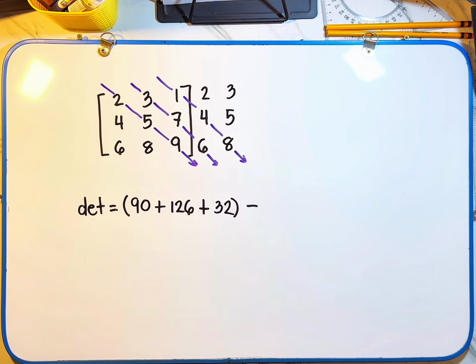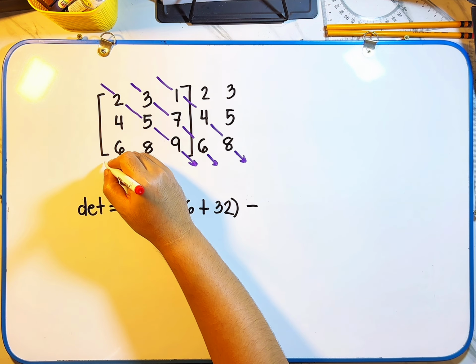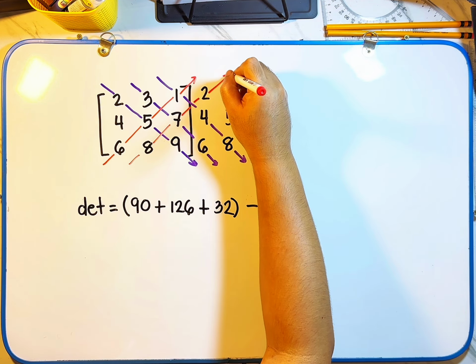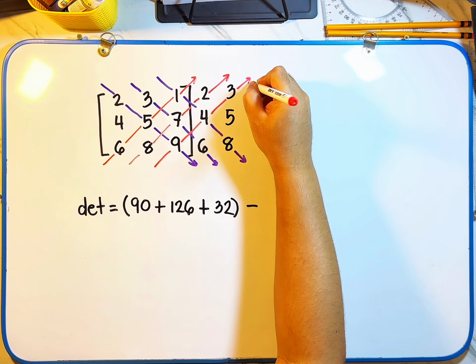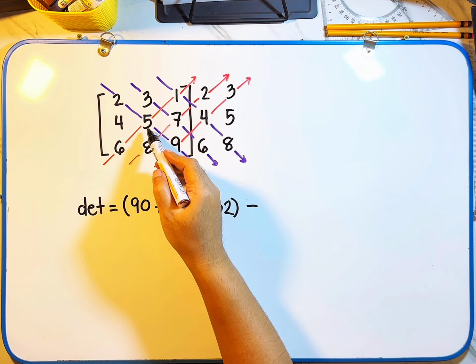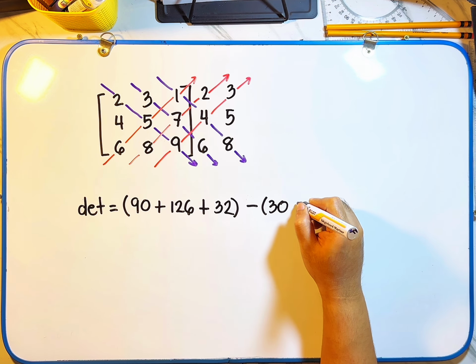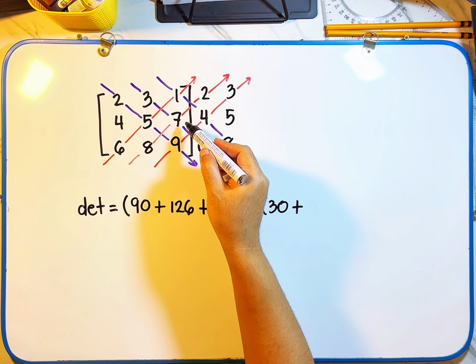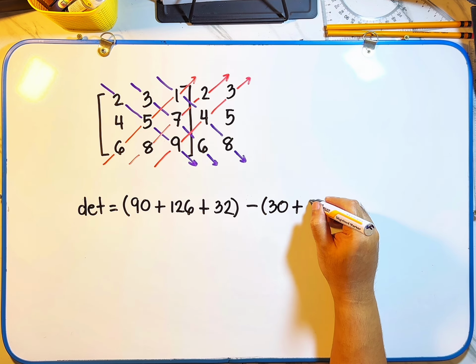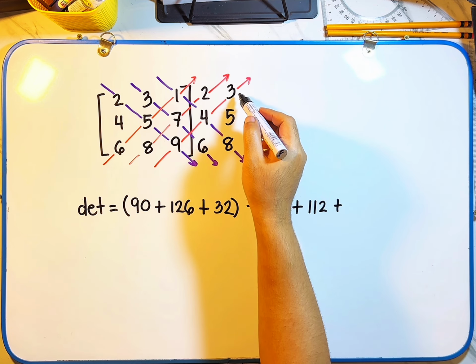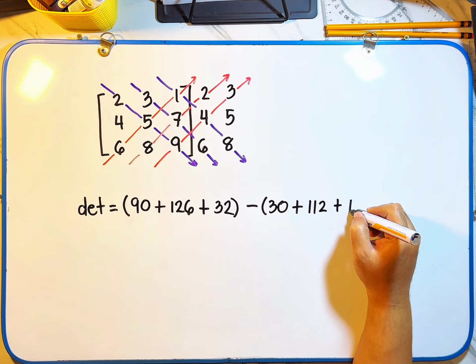Minus, let's multiply upwards. 6 times 5 times 1, that's 30, plus 8 times 7 times 2, that's 112, plus 9 times 4 times 3, that's 108.